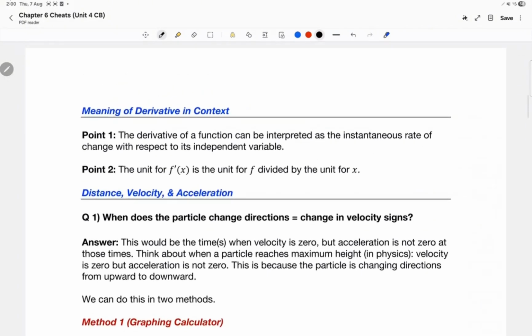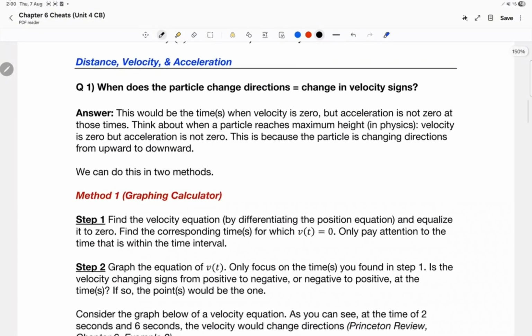So if your function is tons, the derivative will be tons divided by a time unit. Could be seconds, could be hours, could be minutes, could be whatever unit of time there is. Now, they might ask you, when does the particle change directions?